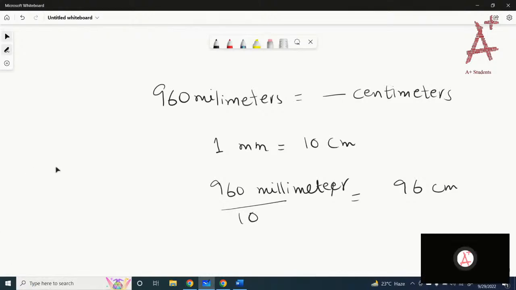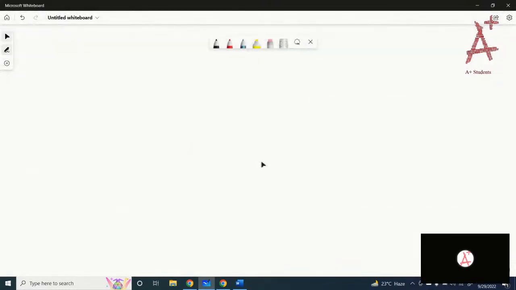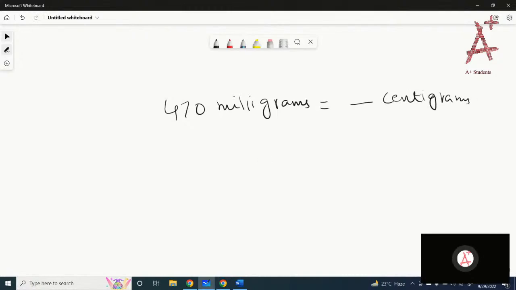Okay, the next one is 470 milligrams equals how many centigrams? You have to convert from milligrams to centigrams, so you have to write a conversion factor.